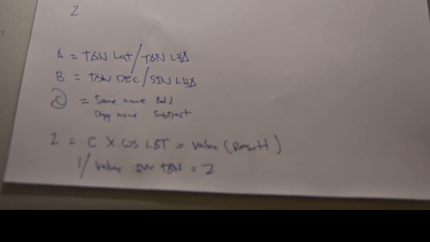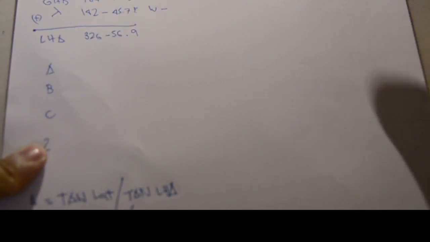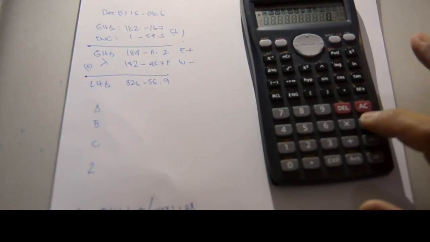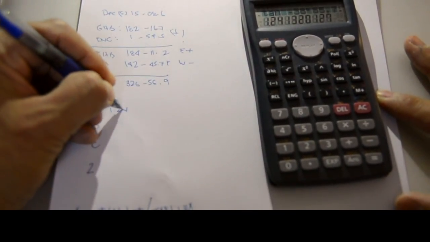We're going to start to compute for A. As the formula says, tangent latitude. Take note, if you have latitude south, you add the negative. If you have north, just remain it positive. So tangent latitude 38°55.7' divided by tangent LHA, which is 326°56.9', equals 1.24.